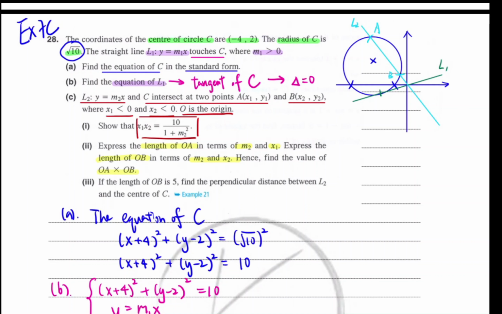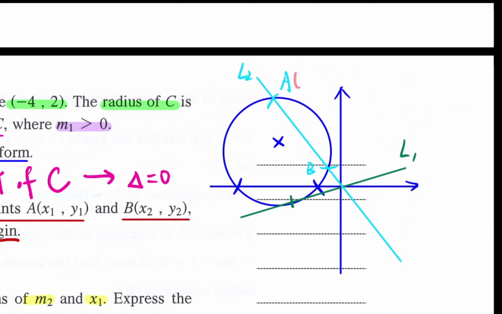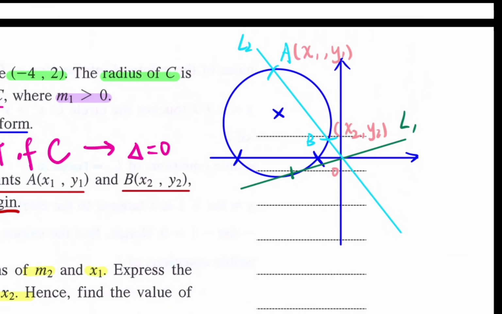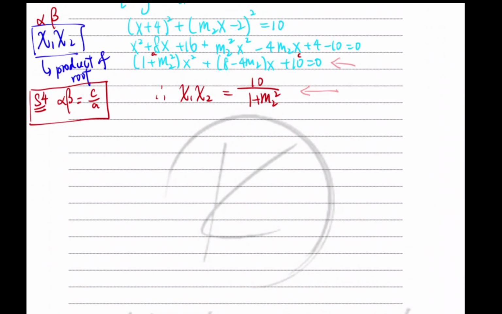So let us go back to the graph. So we know that A is x1, y1 here, and B is x2, y2. O is origin 0, 0. So the length can be clearly shown. Let's go back to the below part.